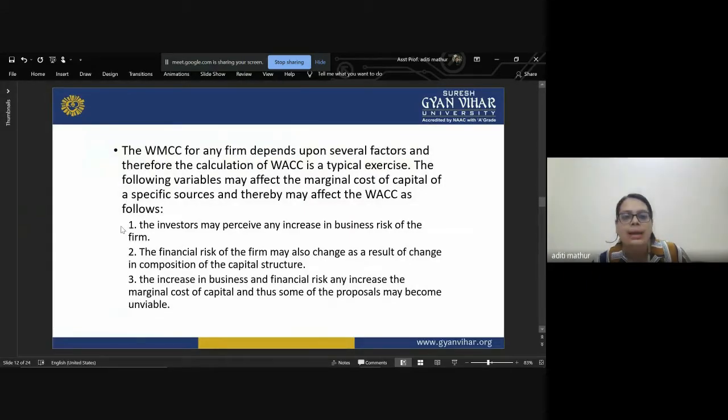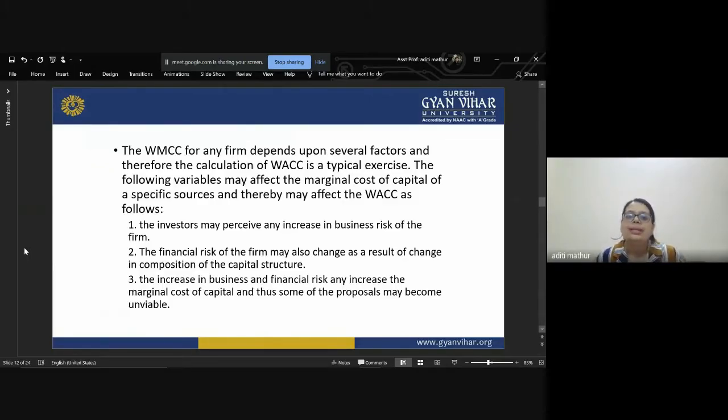Before that, let us discuss a few points related to weighted marginal cost of capital. The WMCC for any firm depends on several factors, and therefore the calculation is a typical exercise. The following variables affect the WMCC.